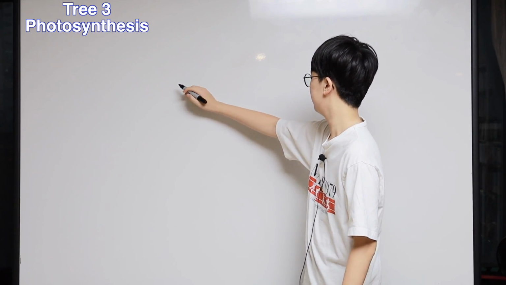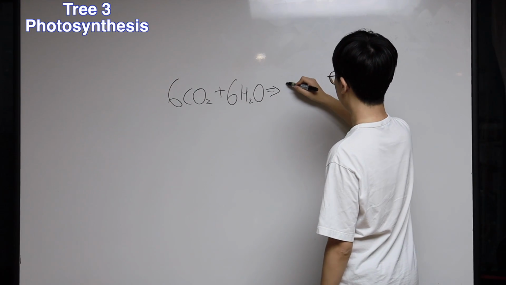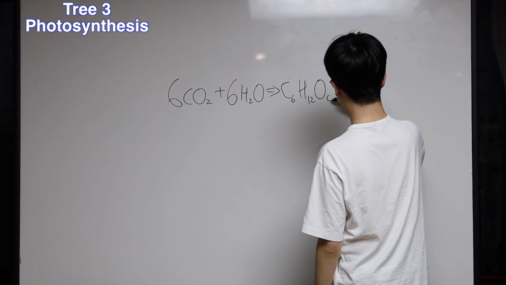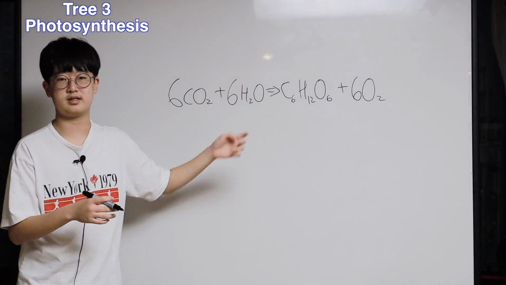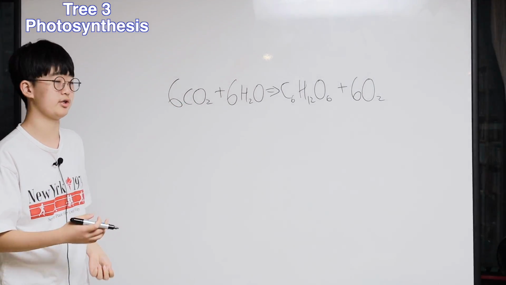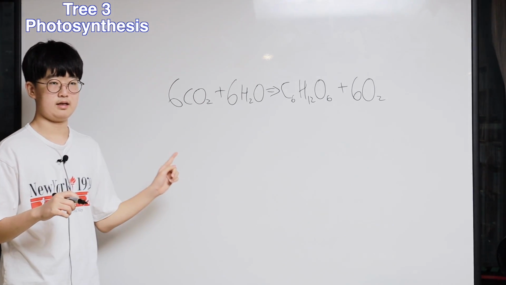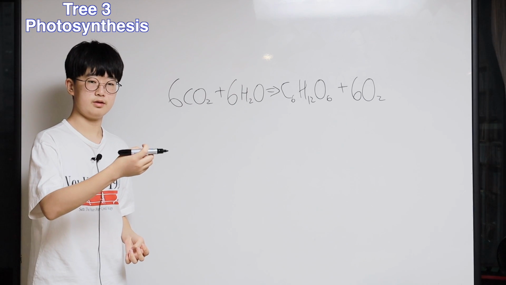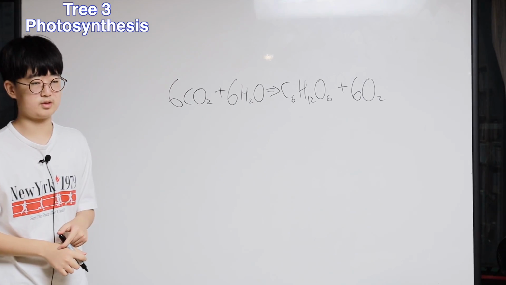So basically, like that. Now you can see 6 oxygen molecules are also produced, and now that plant can use the oxygen to do cell respiration while also using the glucose as well.